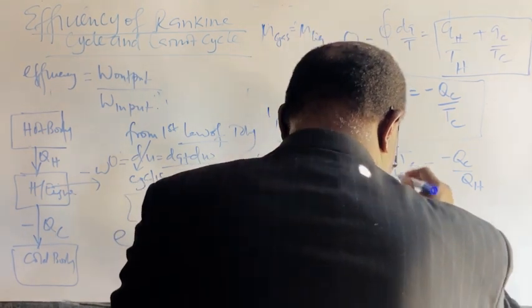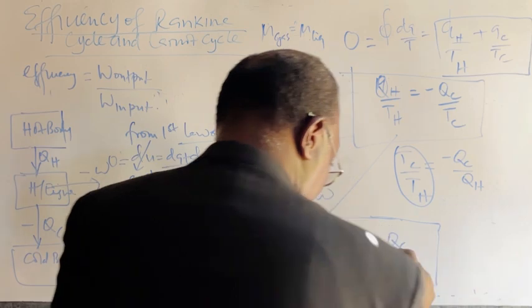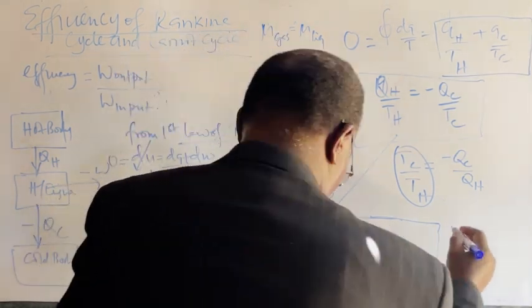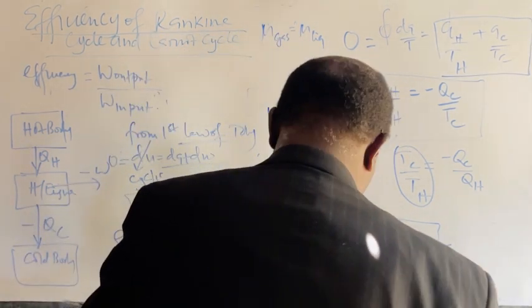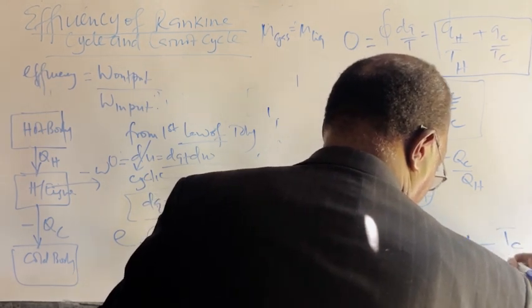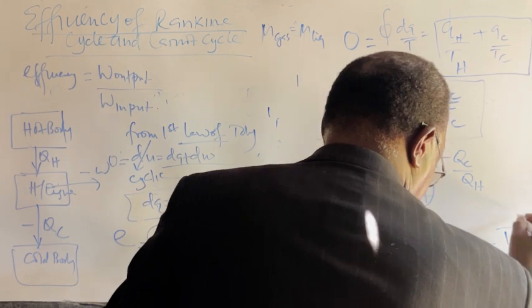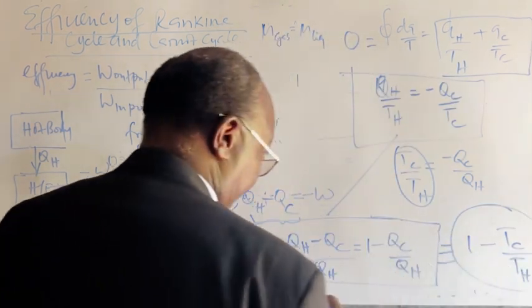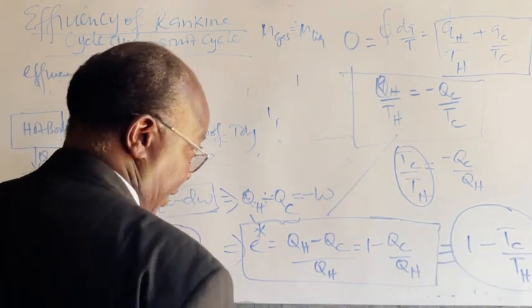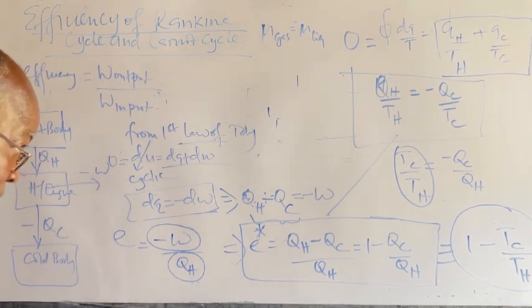So that we can plug that in place of the QC over QH ratio, so that the efficiency now is 1 minus the temperature of the cold reservoir, the reservoir at low temperature, over the temperature of the hot reservoir. Let's call that our efficiency for the Carnot cycle. That's very important for us to note.